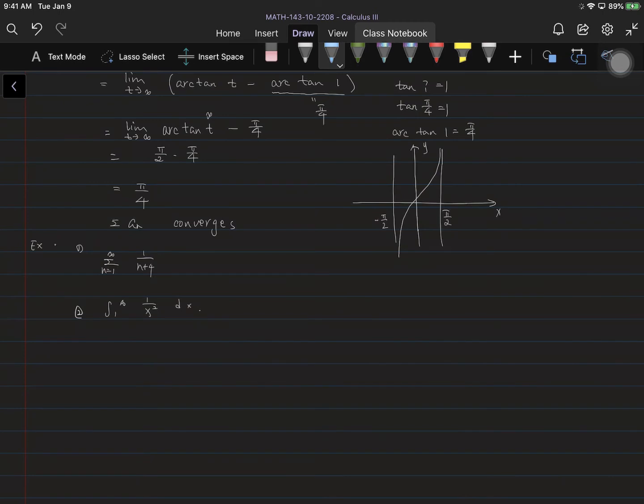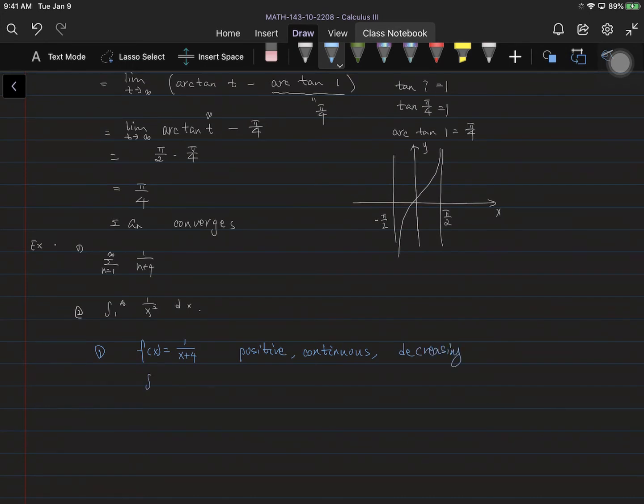For the first one, solution, we set our function 1 over x plus 4, and it's positive when x is greater than 1, right? Positive, continuous, and decreasing.